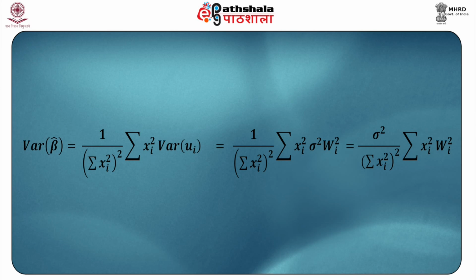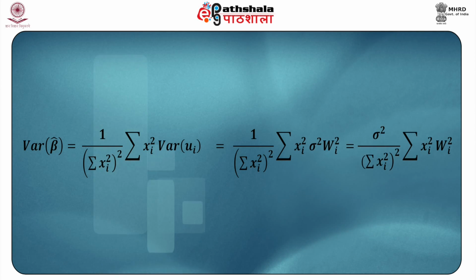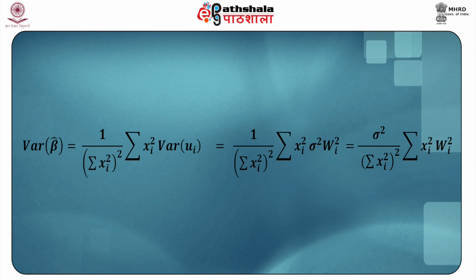Now this is equal to sigma square upon sigma xi square whole square into sigma xi square wi square. This formula takes heteroscedasticity explicitly into account.